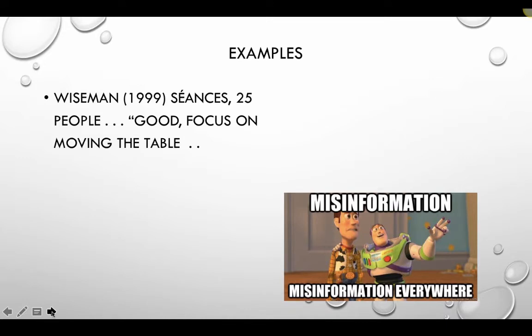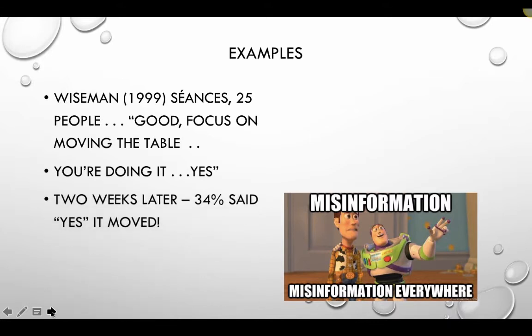Because if the spirit enters the room, that would mean that the table would move. The spirit would move the table. And he would say, yes, you're moving it. Can you feel it? You're doing it. Somebody's here. You can feel it. And then 2 weeks later, when they had people come back in and fill out a survey, 34%, not most, but 34% remembered it actually moving, even though it had not.